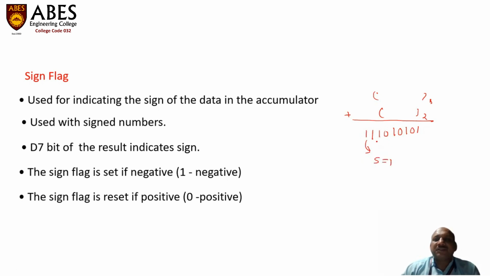This indicates our result is negative. If it is 0, then it means the result is positive. And if it is 1, then it means the result is negative.